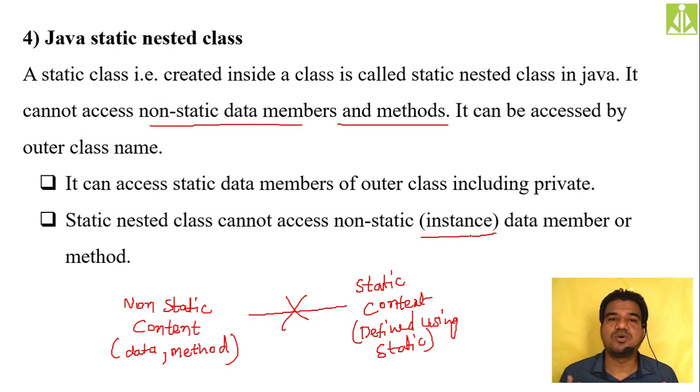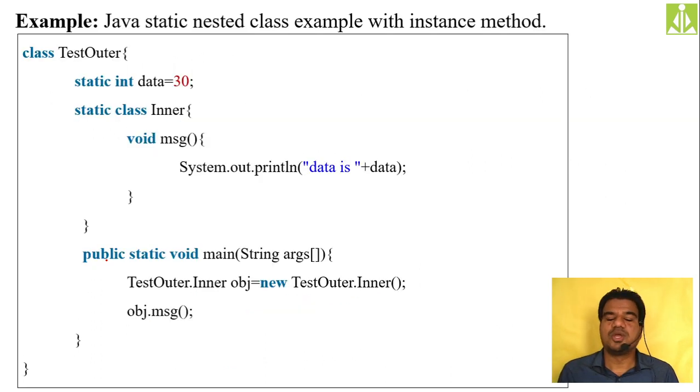It is also another important point. That non-static content can be your data member or it can be your method. Remember this one. So quickly we will demonstrate that with the help of a program.